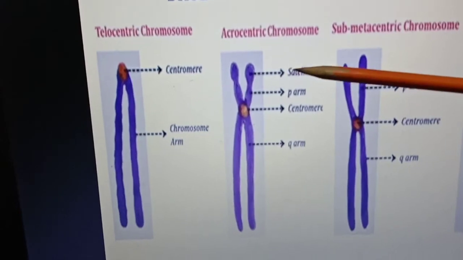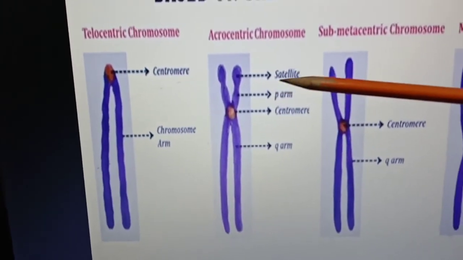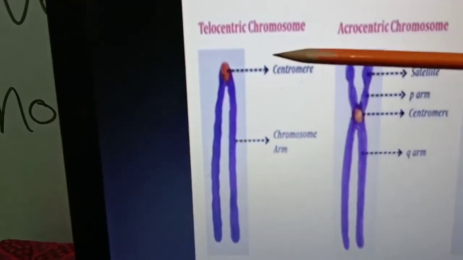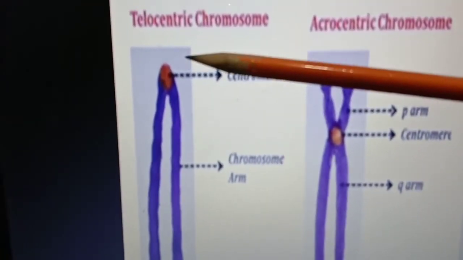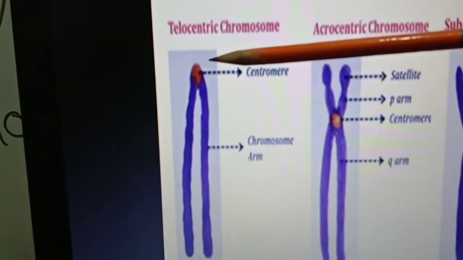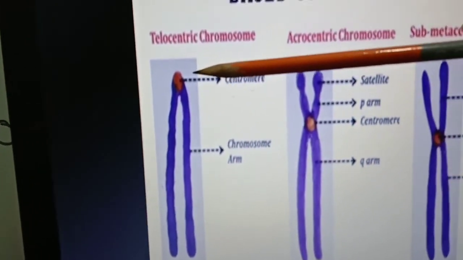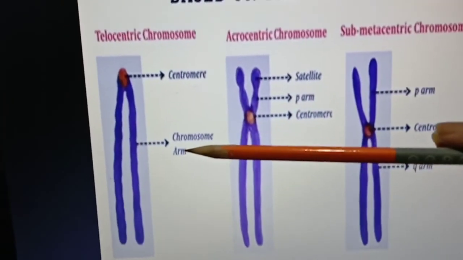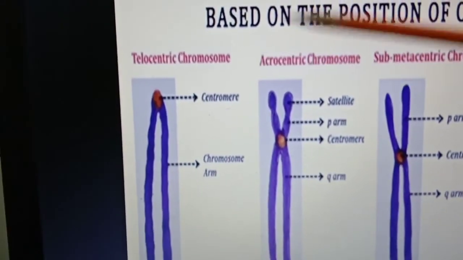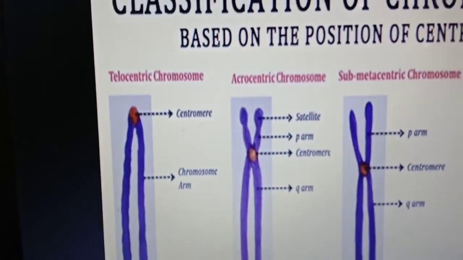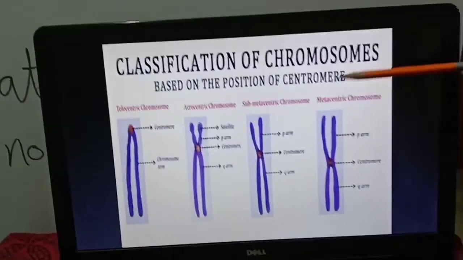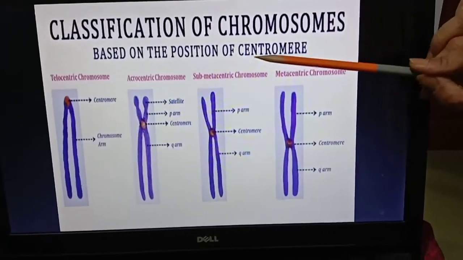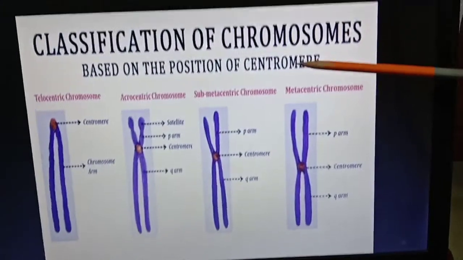The satellites are seen and the P arm is comparatively shorter, while in the telocentric, since the centromere is at the extreme, you will see that the P arm is not seen and the chromosome is called telocentric. So we have 4 types of chromosomes depending on the position of centromere. Thank you.